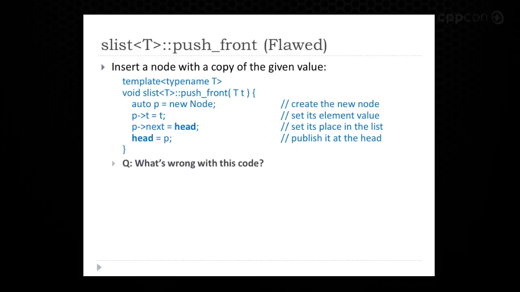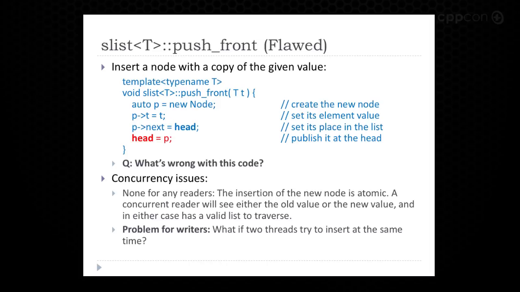Good. All right. Here is a flawed, but, I think, correct single-threaded way to do this. We make a new node, assign its t value, assign p next to head, and then head equals p. So what's wrong with this code? That assignment could lose updates.